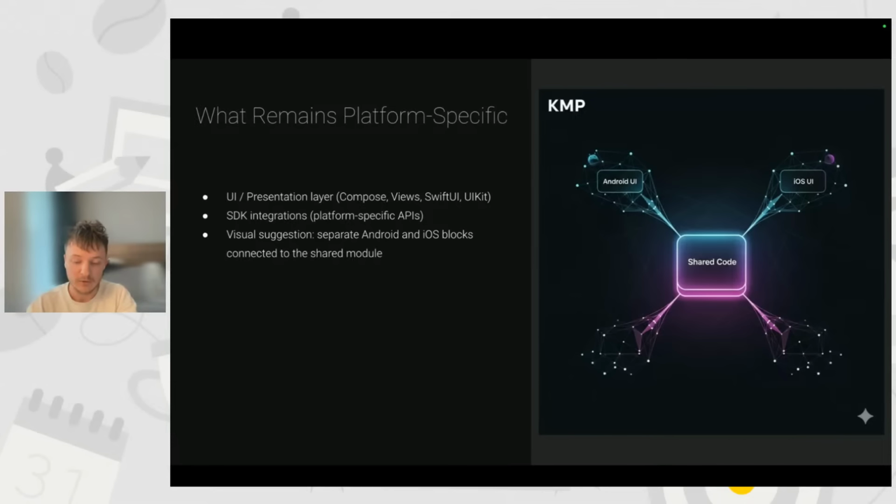In the meantime, we have some UI-specific things which remain platform specific. The same goes for SDK integration. Sometimes we have SDKs integrated into our application, and these SDKs are also connected with platform-specific modules.